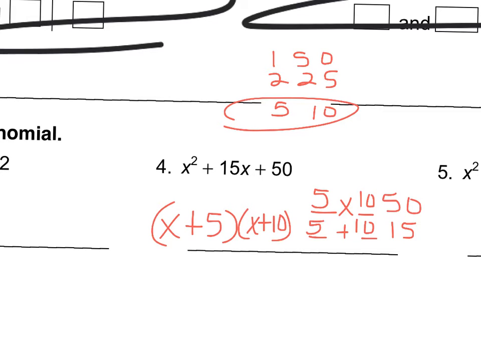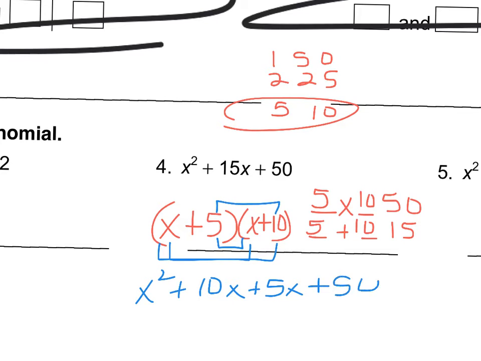Now, because there are only 15 questions, I do highly recommend after you've answered all 15 that you do go back and FOIL your answers. And again, what I mean by that is we would do first, outside, inside, and last.